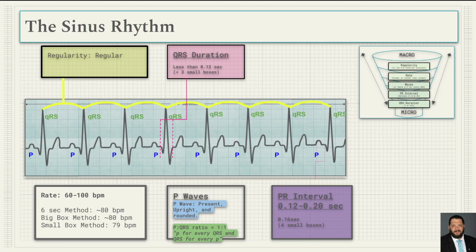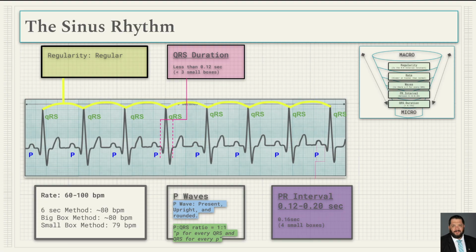We can see that there's a positive deflection ahead of every QRS, and we've noted this on the screen with the P, noting the P wave. In a normal sinus rhythm, there should be a P wave for every QRS interval, or the P to QRS ratio should be 1:1. We've also labeled the QRS complexes on the screen in green letters, so you can see that we have a P wave, then a QRS complex.